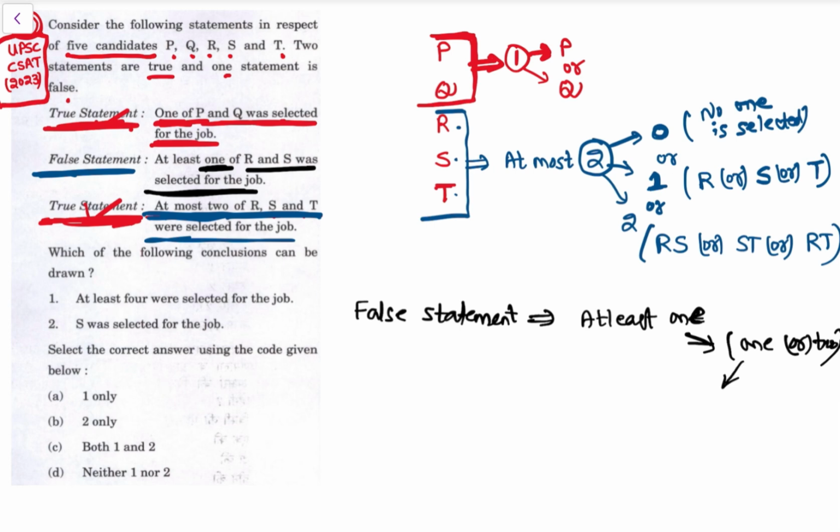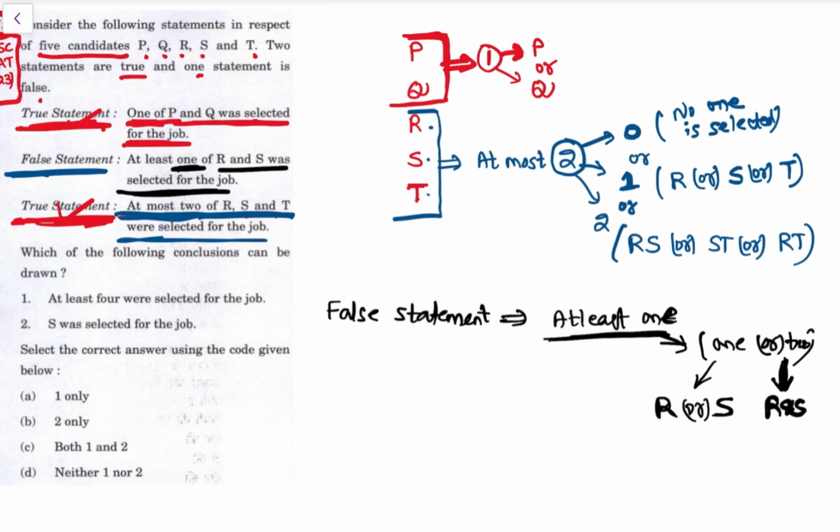1 means R is selected, or S is selected, right? At least 1 is there, but 2 also can be possible. So, 2 is R and S are both selected. R is selected और S is selected, R and S are selected, ठीक है. So ये possibilities हैं.